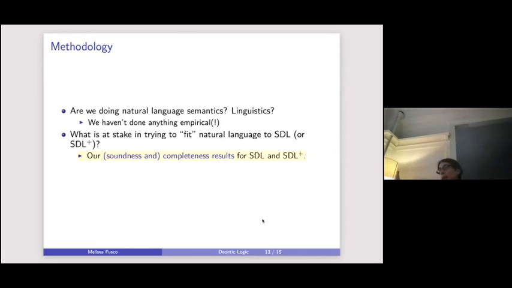So if I start monkeying with the semantics, because I'm trying to block the inference in Ross's puzzle, or I'm trying to create a logic where moral dilemmas are consistent, I'm going to lose the soundness and completeness results that I just canvassed. Of course, that doesn't mean that other, more complicated soundness and completeness results for these other logics aren't possible. In fact, they're not only possible, they're actual. So there's a variety of soundness and completeness projects for logics that build on the resources of SDL or SDL plus, but are trying to capture some more of these natural inference patterns like the ones that we just saw.